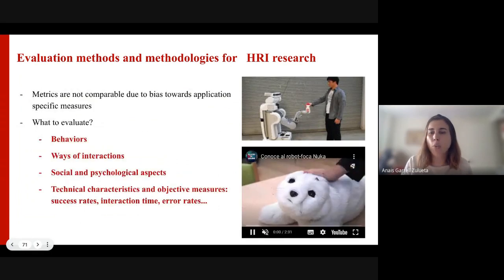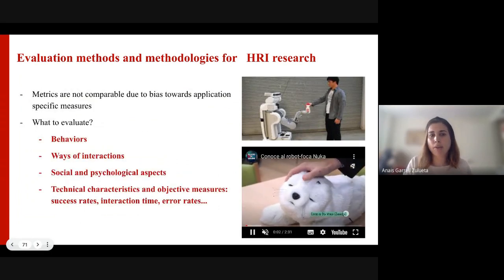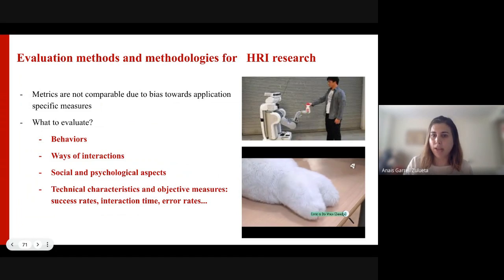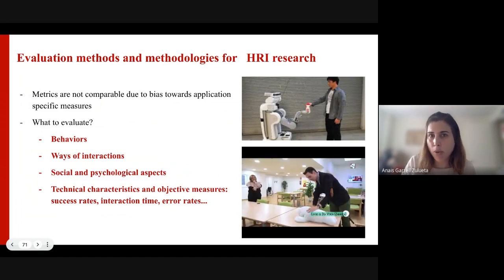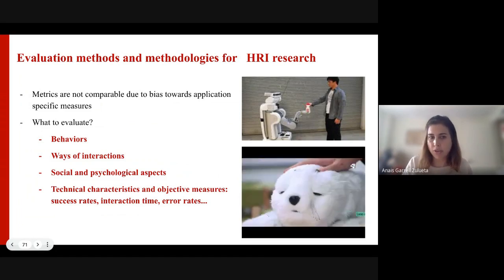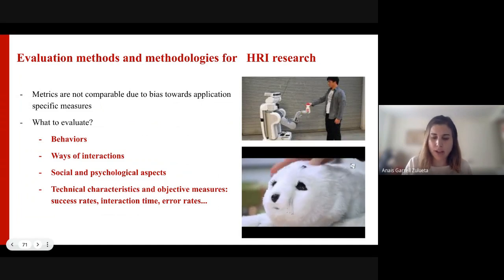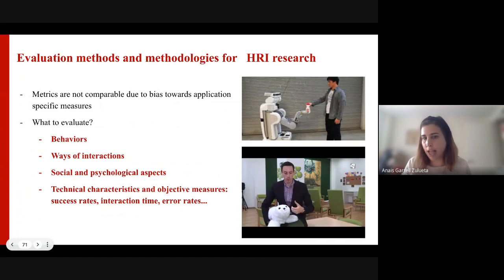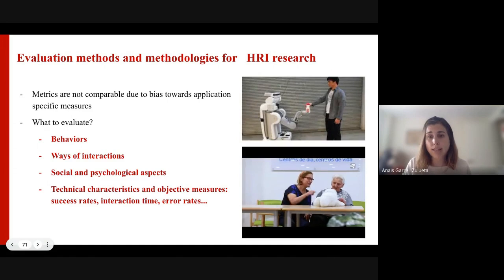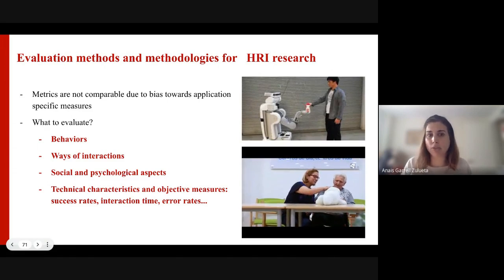What can we evaluate in HRI? We can evaluate the behaviors, from the robot and from the volunteers. We can evaluate ways of interaction. If you have a specific robot performing a specific task, maybe you see that using gestures is enough, or maybe you have to combine gestures with verbal cues, or maybe you also need to add a touch screen on the torso of the robot, depending on the task.